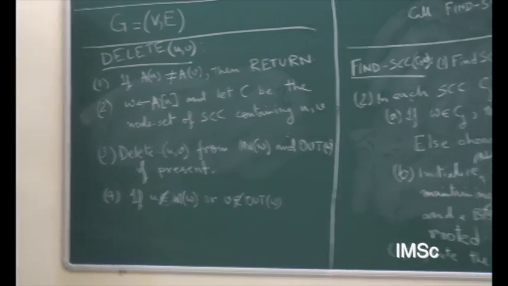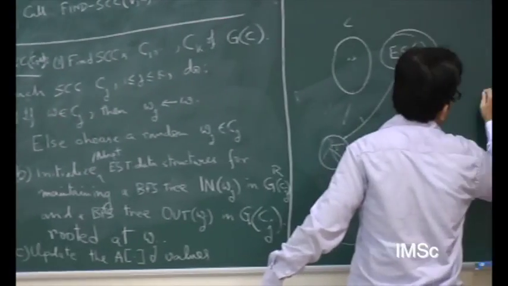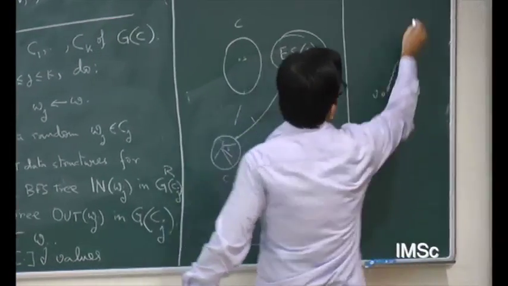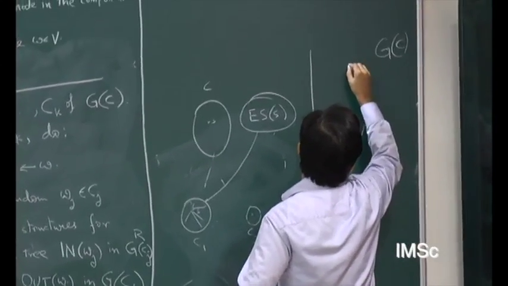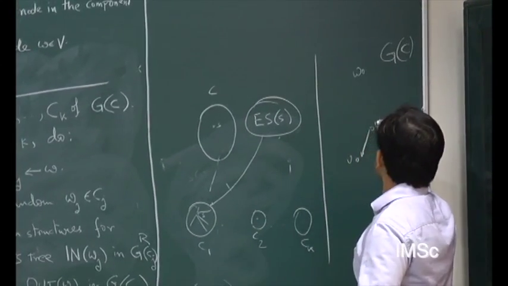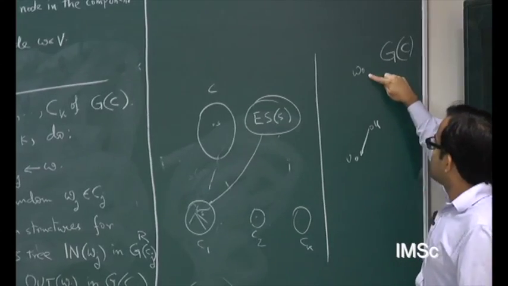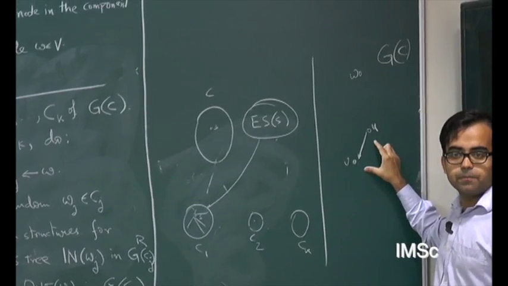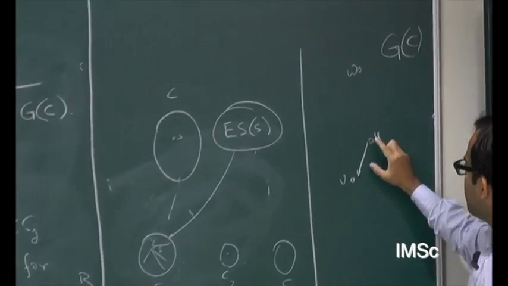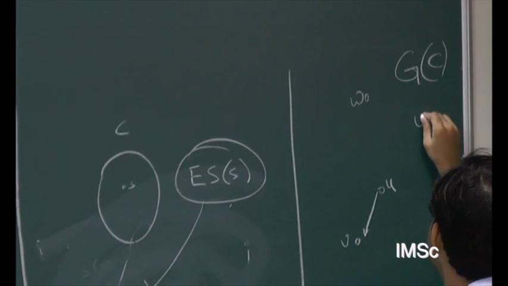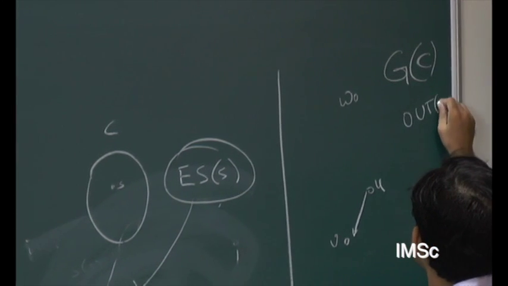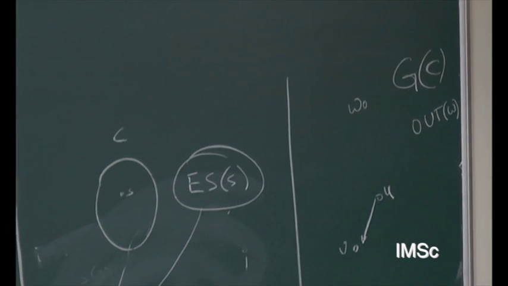So, this was this edge uv, and this is the original normal graph G_C, the source was w. If this edge gets deleted, consider the out-w tree, the Even-Shiloach tree in the normal graph.